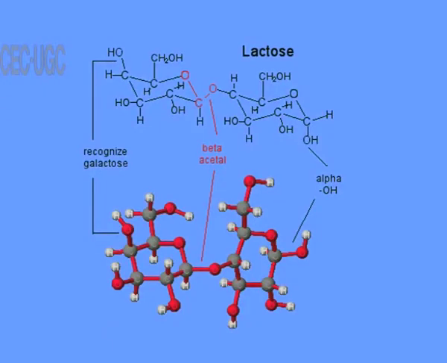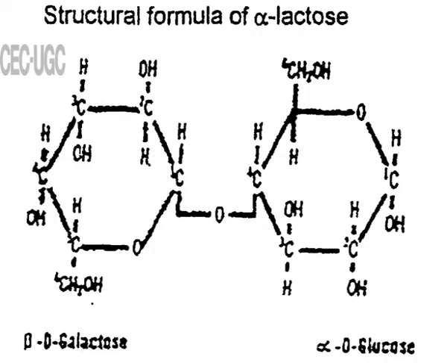Now to start with, I am going to tell you about the carbohydrate component of milk. The chief carbohydrate of milk is lactose, and it is very important from a biological point of view because it is composed of one part of glucose and one part of galactose, and this is important for the formation of the myelin sheath.